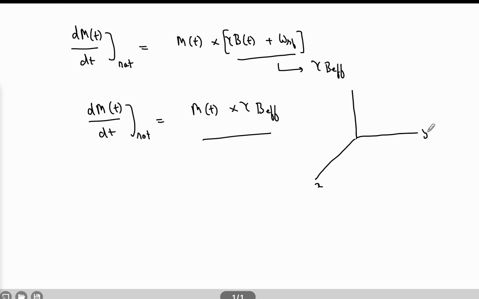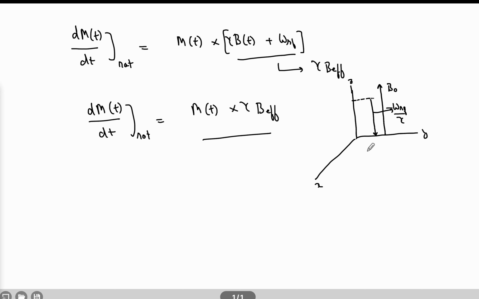So this is my x, y and z, and let's say this is B0, the field which is actually experienced by the spin, then you apply a certain field which is opposite in direction, and this is basically nothing but omega RF by gamma, and this will be negative, right?